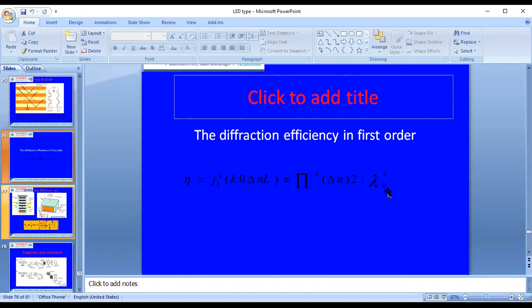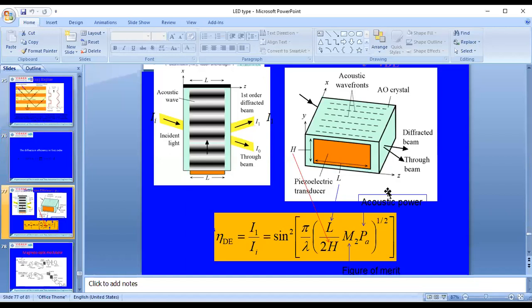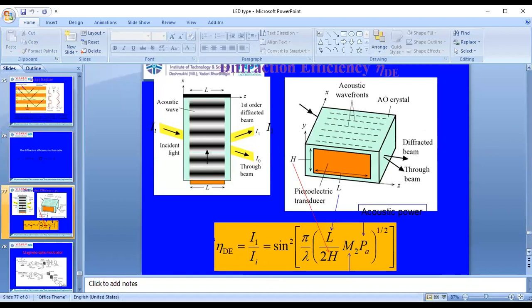Okay, based on that analysis, the acousto-optic modulator output, diffraction efficiency mu, is equal to the ratio of the first order current to the incident current, I1 to I, which equals sine squared pi by lambda.